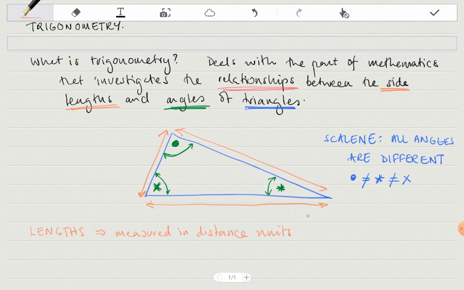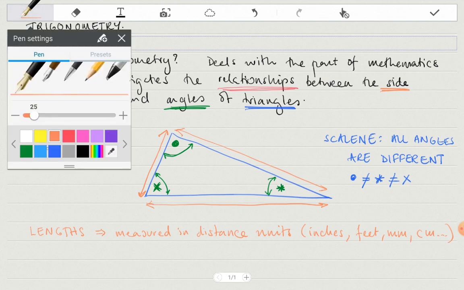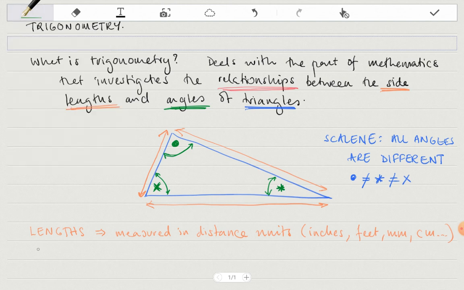Depending on where you are in the world, it could be inches, feet, millimeters, centimeters, etc. And the angles are measured in angular units.